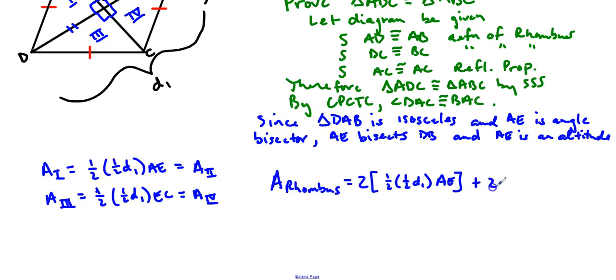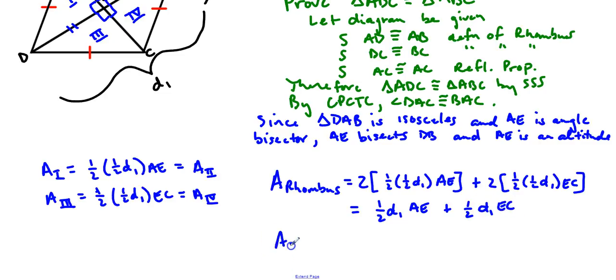And then the second part, again, we've got 2 of those guys. 2 of these. 1/2 times 1/2 D1 times EC. Little manipulation and simplification. 2 times 1/2, that's going to drop off, simplify to 1. So we're left with 1/2 D1 times AE plus, same thing over here, times EC.